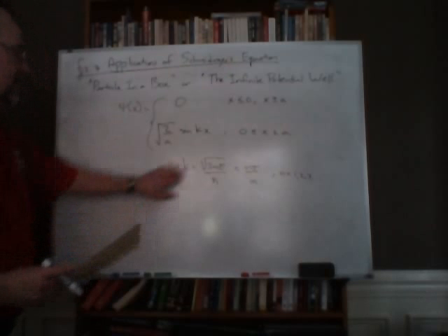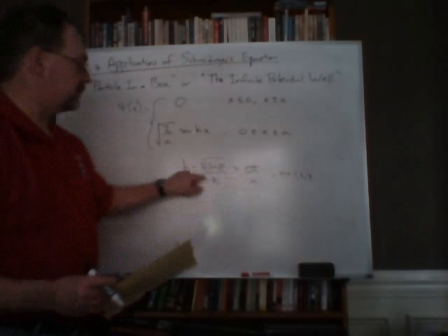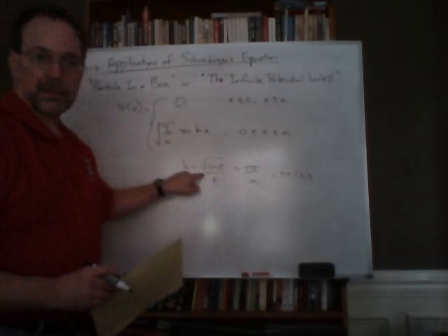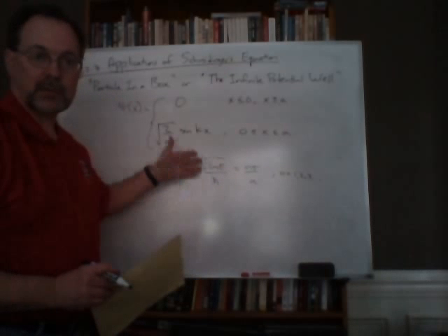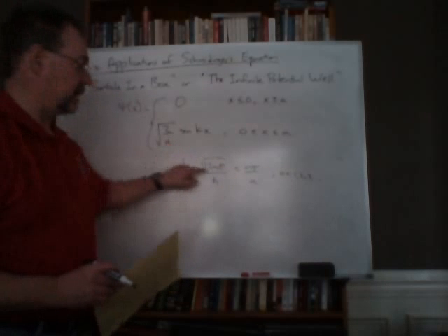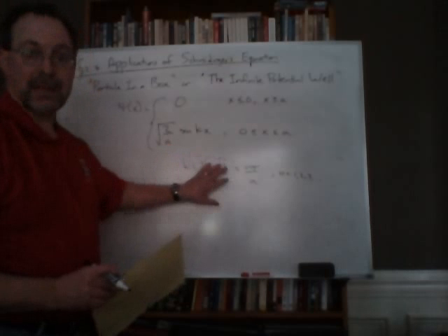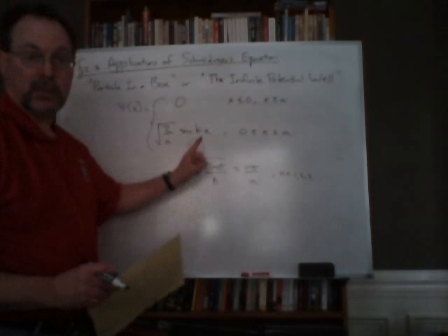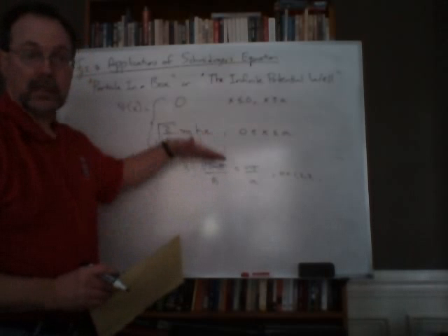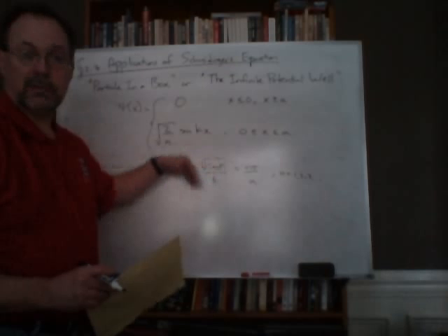Now, this relationship right here is going to tell us energy levels. They will be discrete, quantized energy levels. And so E, we can call E sub n. It will be E sub 1 for the first energy level, E sub 2 for the second energy level.